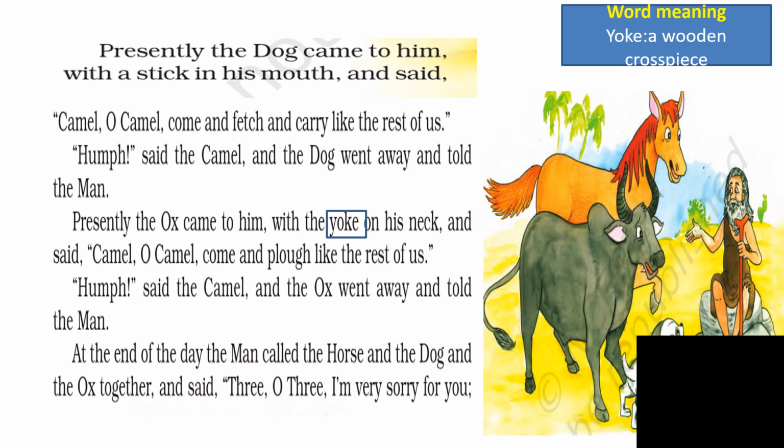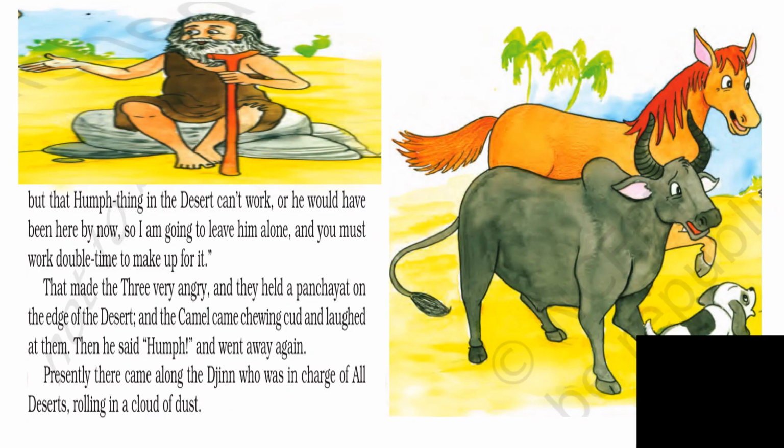The man called all those three animals by the name Three. But that hump thing in the desert cannot work, or he would have been here by now. So I am going to leave him alone, because he did not want to do work. And you must work double time to make up for it.